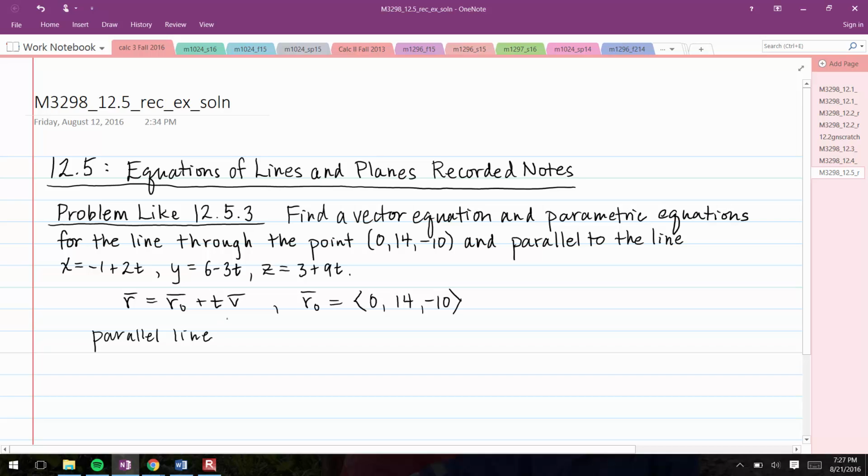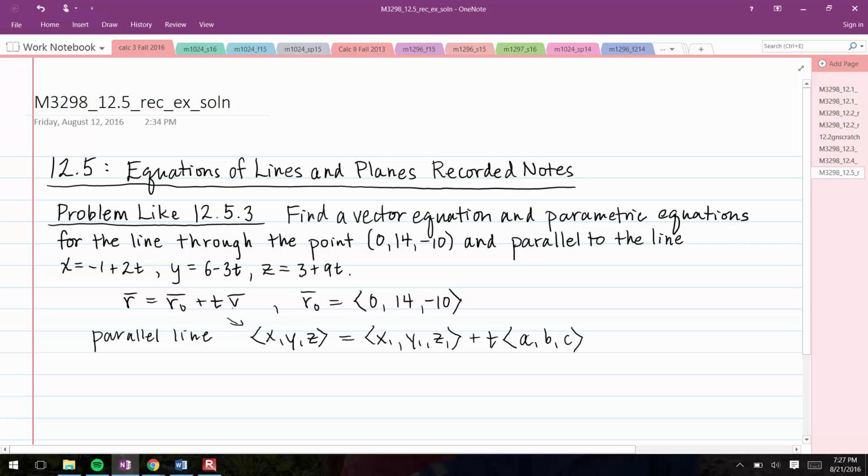Using this in expanded form, the vector equation of a line, the vector r is x, y, z in component form. R sub 0 is x sub 1, y sub 1, z sub 1, plus the parameter t, and then v is given the generic a, b, c, which you can think of as factoring out the t.